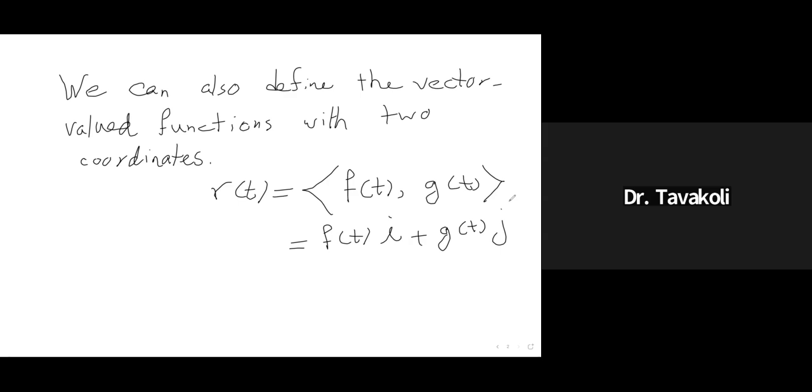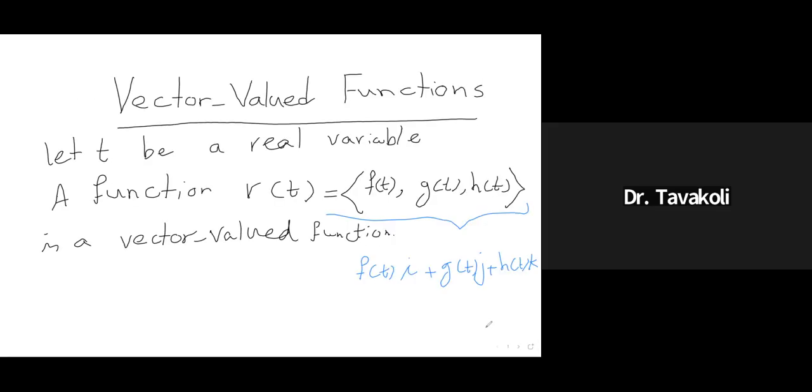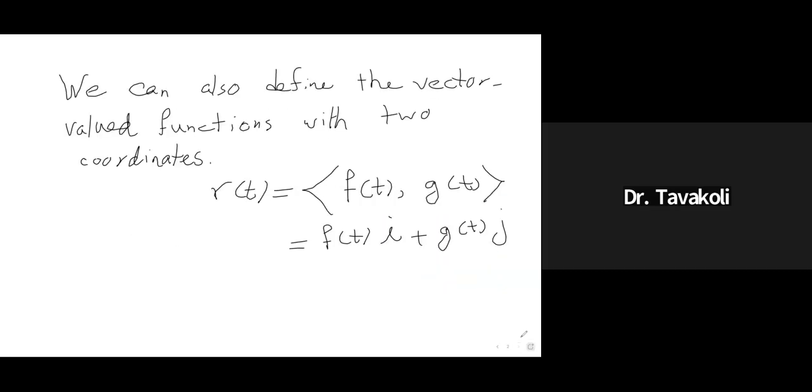Okay, now let me go back to the situation that r(t) has three coordinates. What is typically represented by this? This r of t, which has three coordinates, represents a curve in the three-dimensional space.